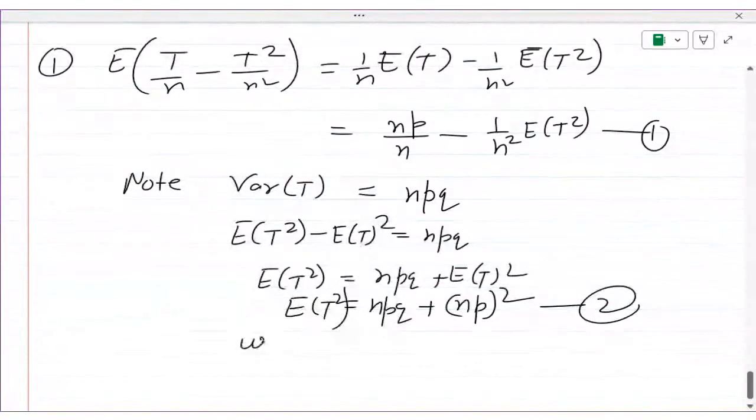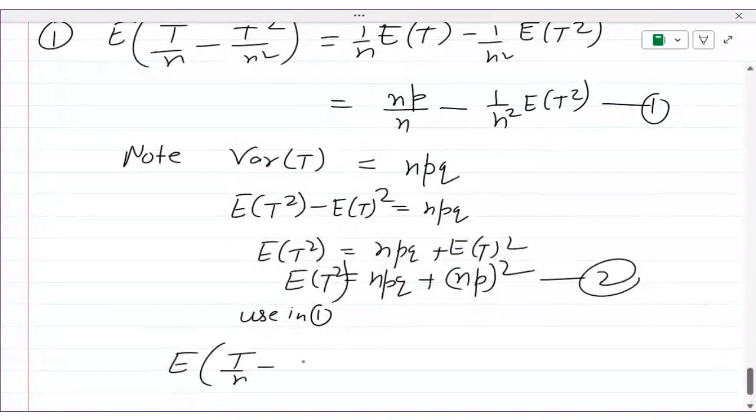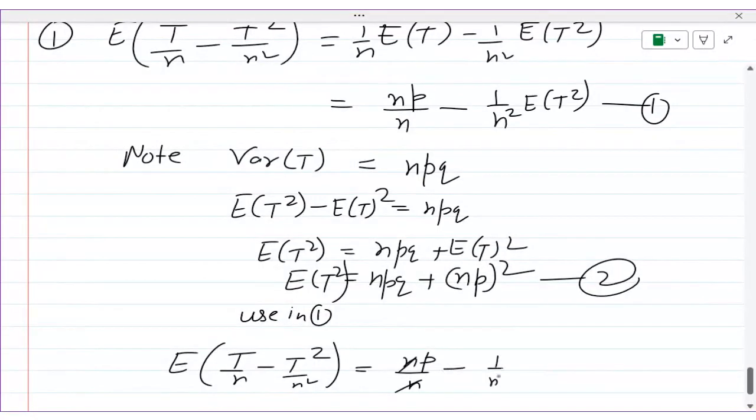So you will get the expected value of T by n minus T square by n square equal to np divided by n, so n cancels, minus 1 by n square as it is, npq plus n square p square.